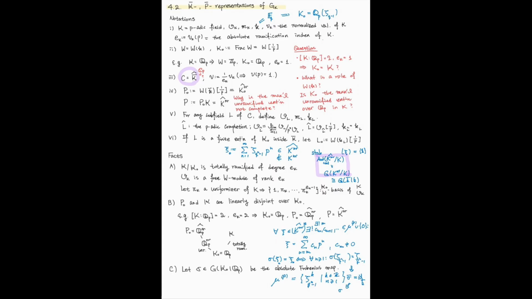But then sigma induces the identity on the residue field. Because in this case this is isomorphic to the Galois group of the residue field, sigma is the identity.